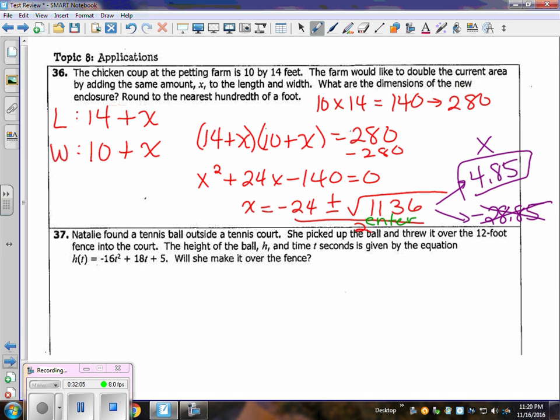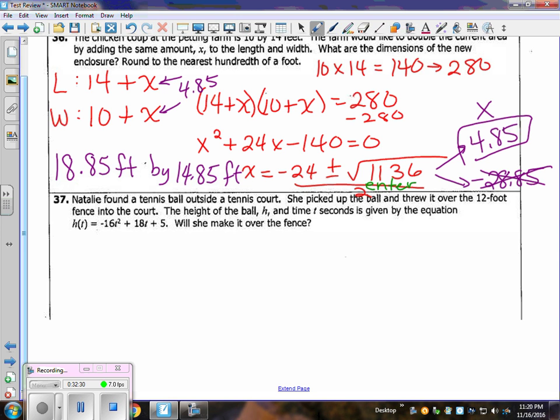It said, what are the dimensions? So you'd have to plug 4.85 back into the original, and you'd find out that the enclosure would have to be 18.85 feet by 14.85 feet.